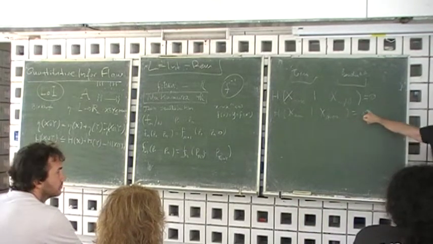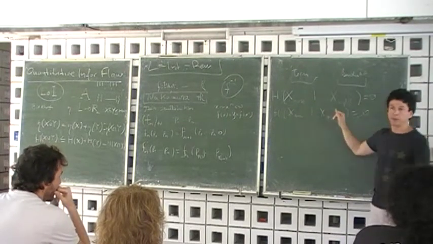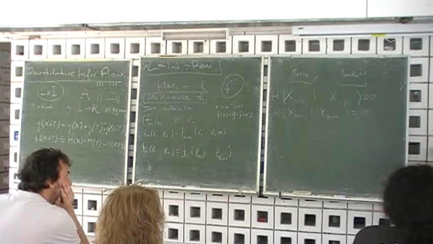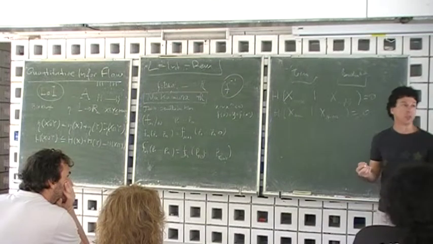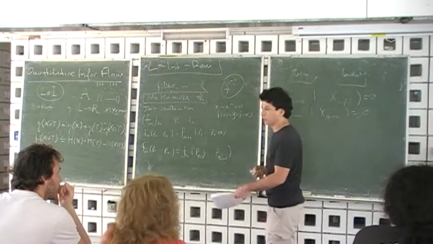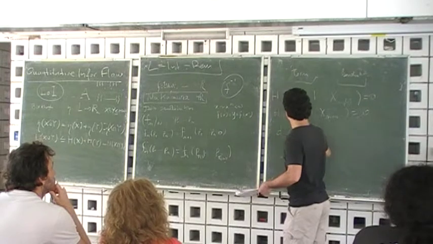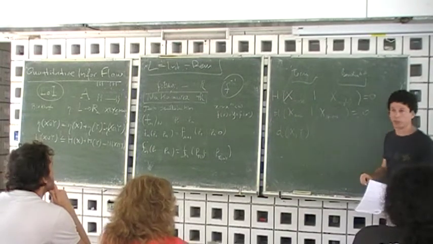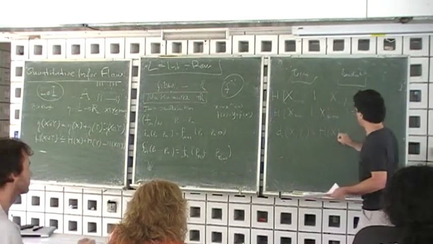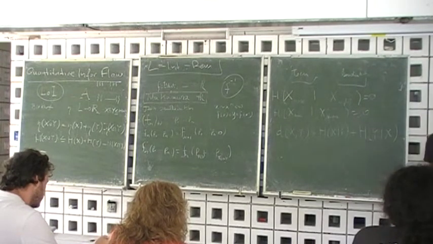The fact that the conditional entropies are 0 in both directions is what Shannon suggests as a characterization of information. So in this lattice of processes or random variables, we define a map D between X and Y as the conditional entropy of X given Y plus the conditional entropy of Y given X.